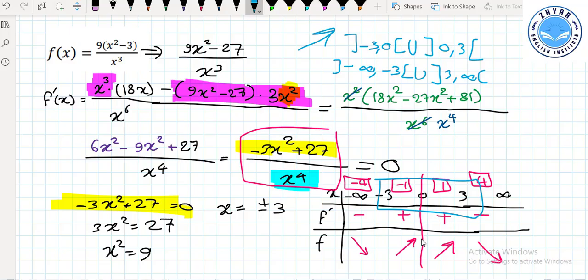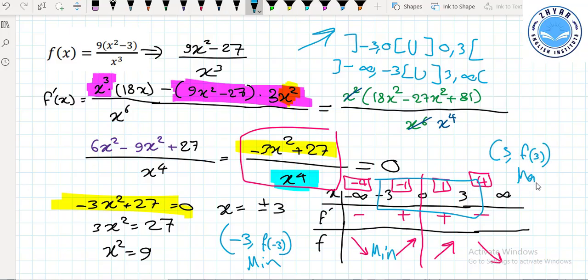If we identify these two critical values, the point that contains -3 as x, and the result of f of -3, whatever it is, this point is minimum, and the point 3, f of 3 is going to be maximum. This makes an upside down V shape. This makes a proper V shape. That is minimum. This is maximum.